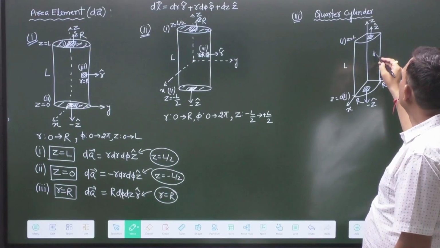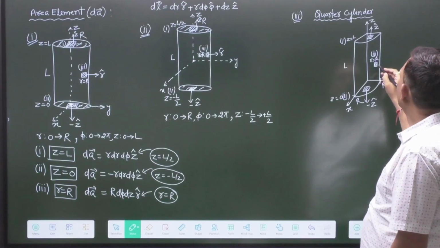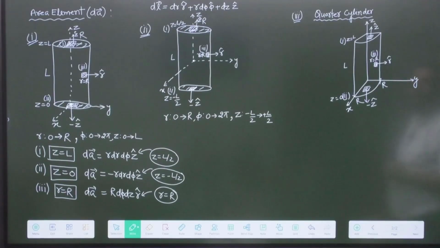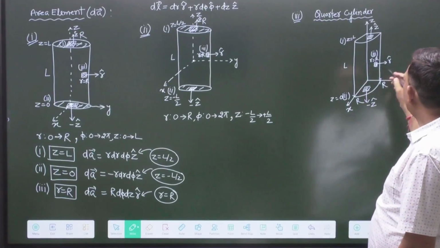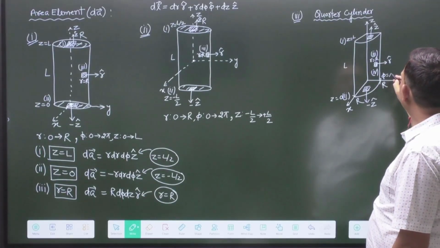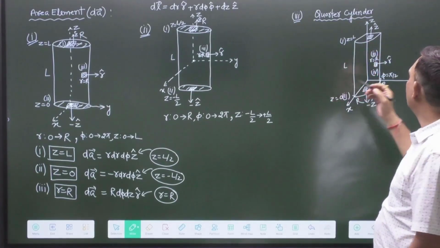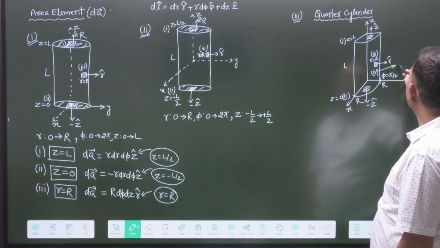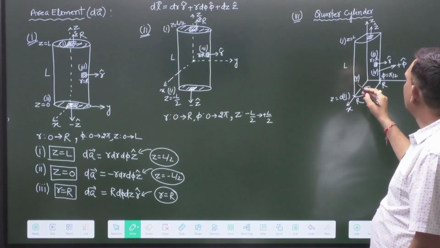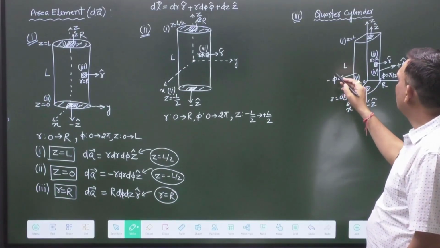Surface 3 is r is equal to R, so this direction is r cap. Surface 4 is phi pi by 2, because this side is the YZ plane, the phi pi by 2 plane, so the direction is plus phi cap. And the 5th surface is phi is equal to 0. Away from the surface, this direction is minus phi cap.